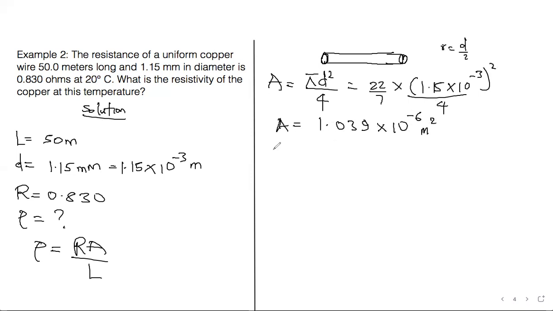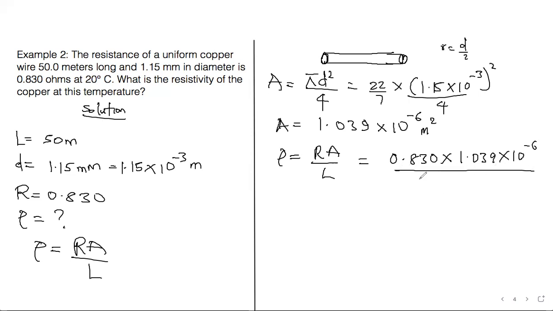That's the area. Now I can use the formula for resistivity. Rho is R A over L, and that will be 0.830 multiplied by 1.039 times 10 to the power minus 6 and divided by the length 50. Okay, so if you multiply that out, you have 0.83.